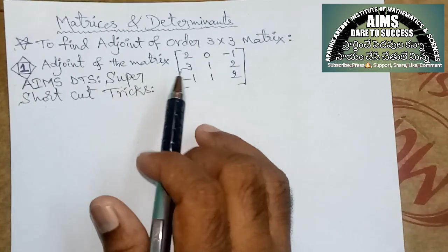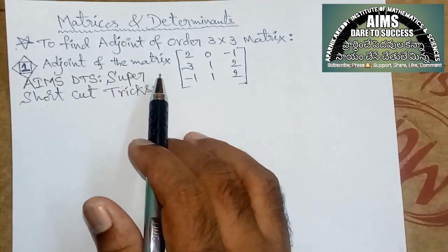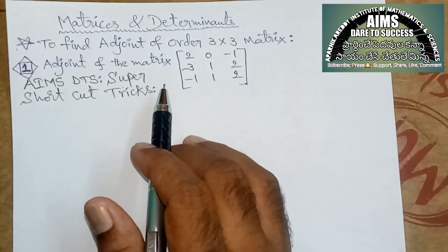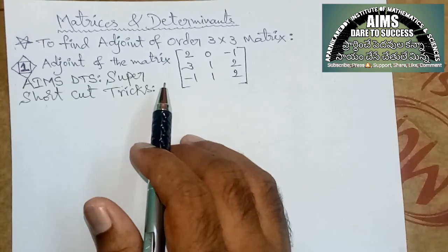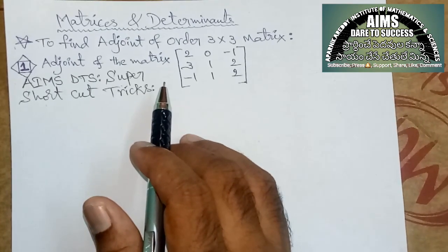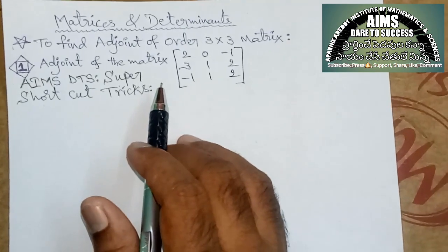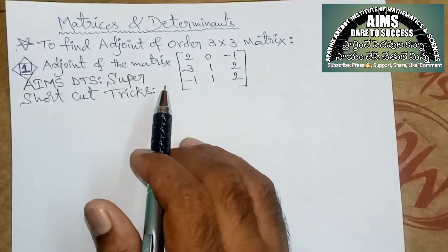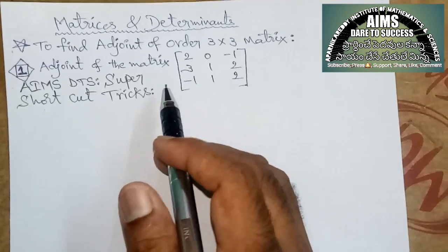If you want that, you can see it in the playlist. More and more shortcuts are there from matrices and determinants as well as all topics. It is in the description box.